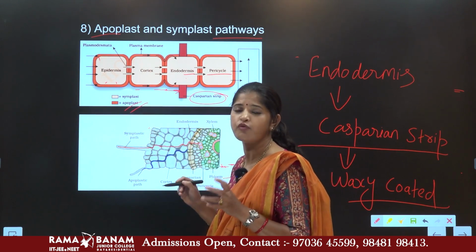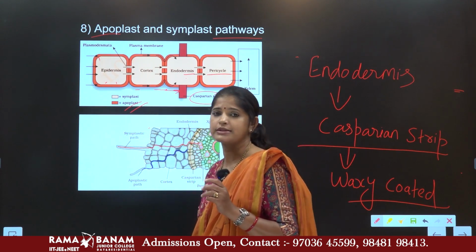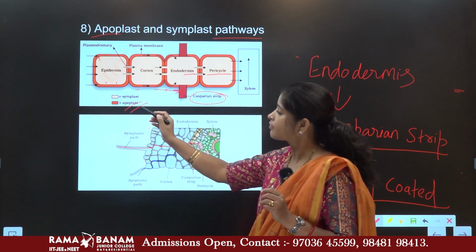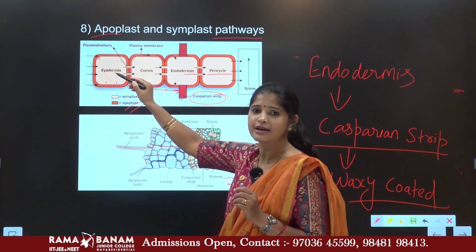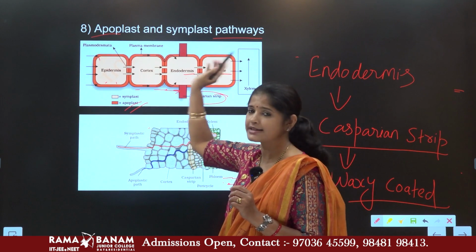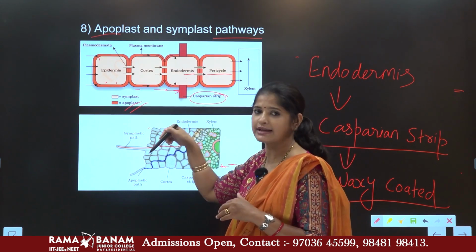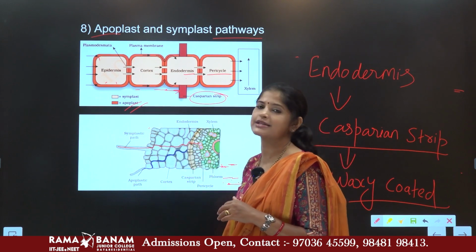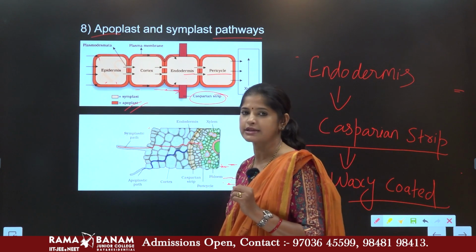Why is the movement of water molecules faster in the apoplast? Because water molecules are not crossing the cell wall. They move on the outer side, not coming inside the cell. So the apoplast is faster than the symplast. Symplast is slower and apoplast is faster.